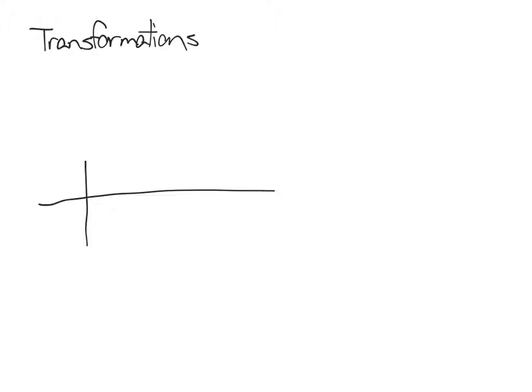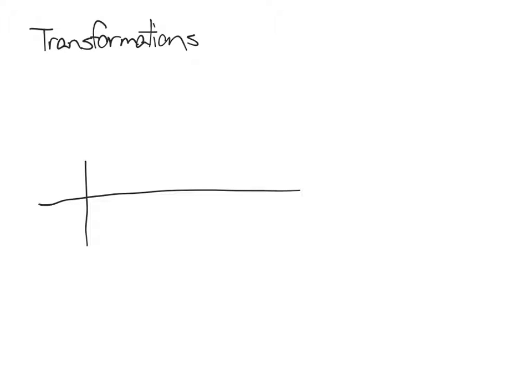Okay? So, transformations. Just do 1 or 2 examples here, and then let you guys try some of these. Now remember, the only transformations we are doing are going to be the horizontal and vertical shifts.